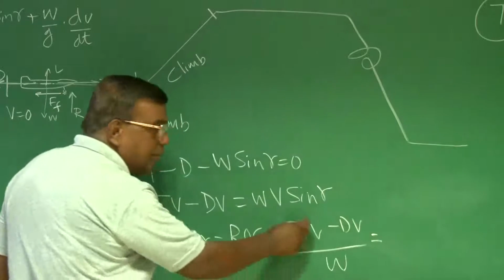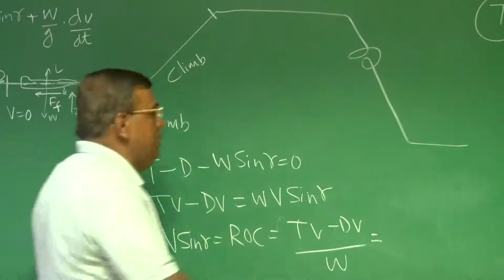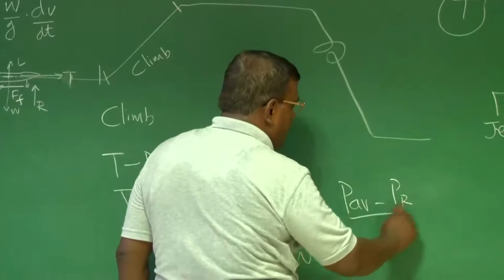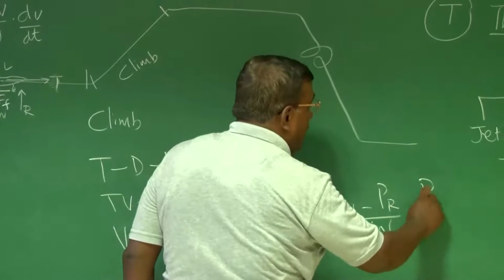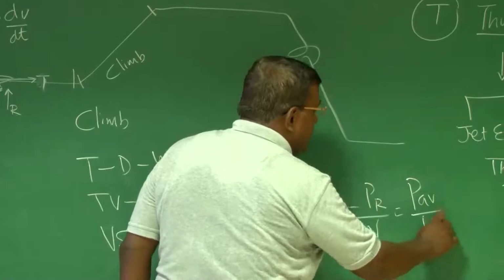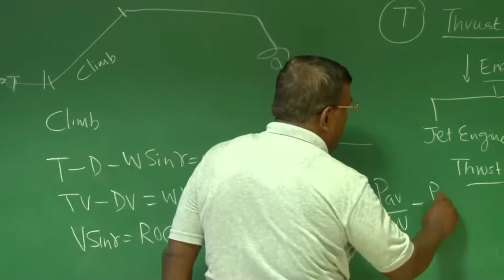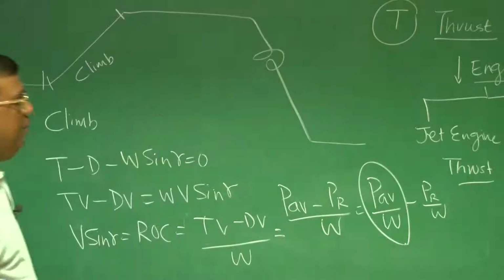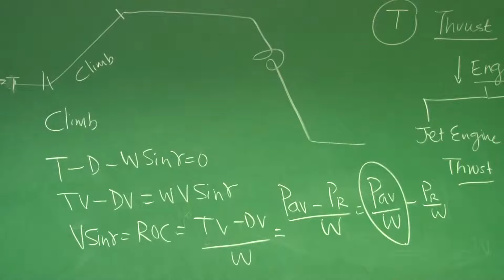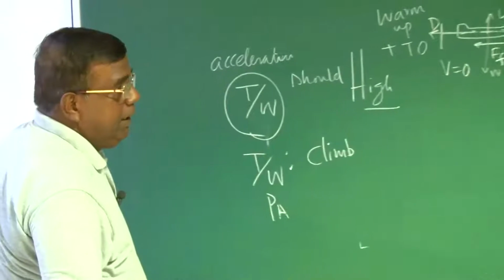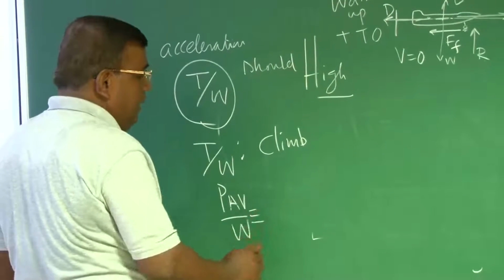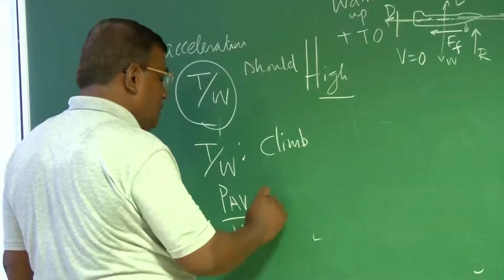And TV is nothing but power available. So power available minus power required, divided by W. This power available by W is closely related to power loading.